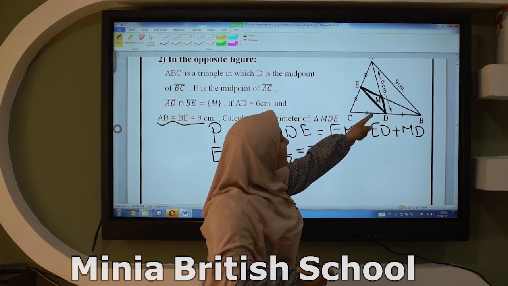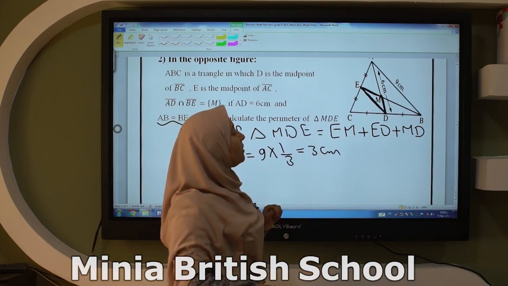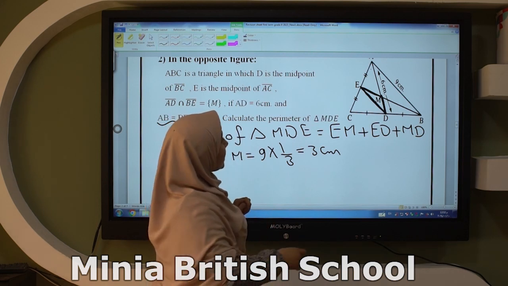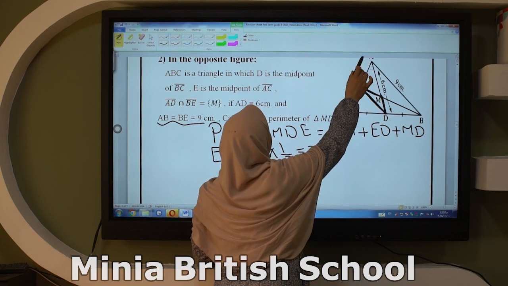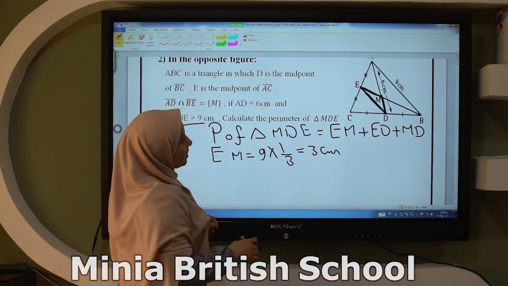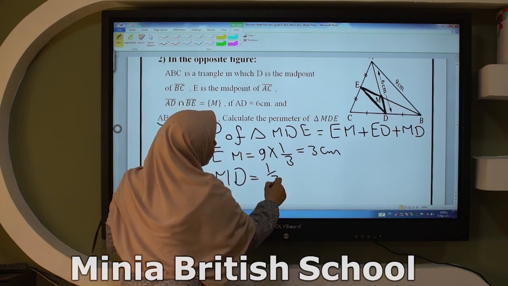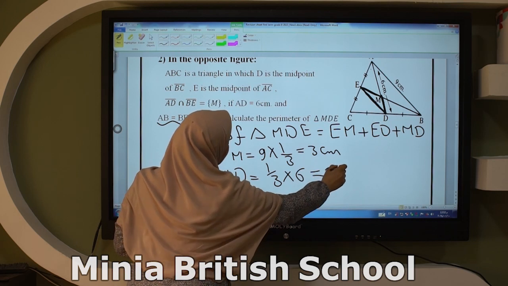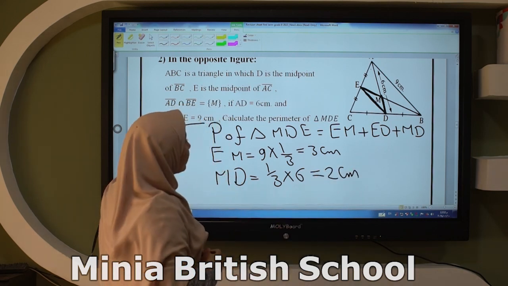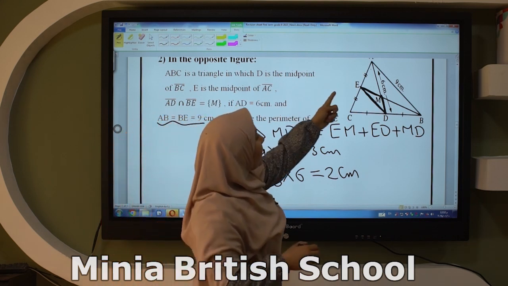And MD also equals one third of the median. Here I have AD, all of it equals 6 cm. Then MD equals one third times 6, which equals 2 cm. And the last one, I need to find the length of ED.